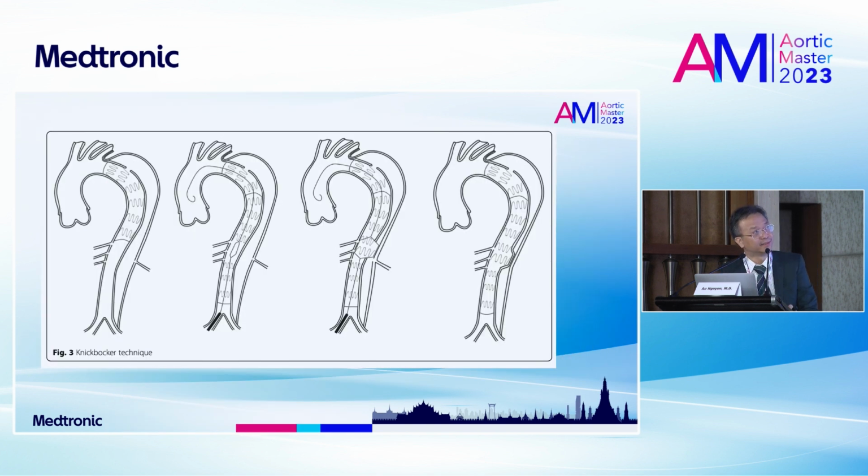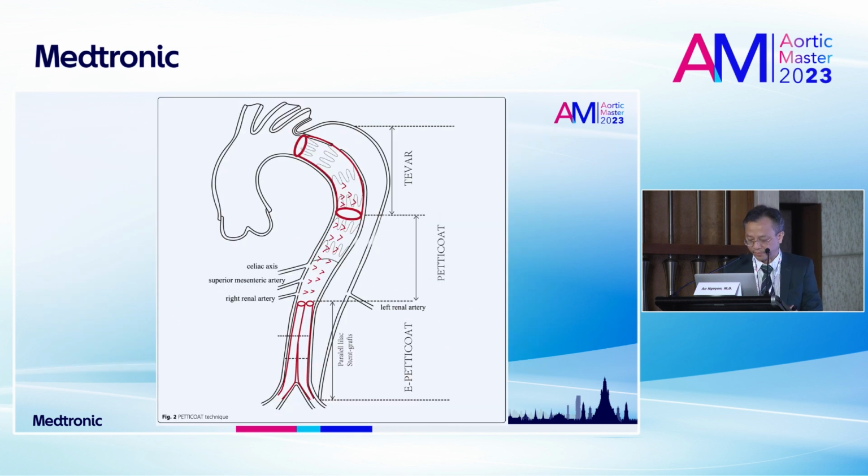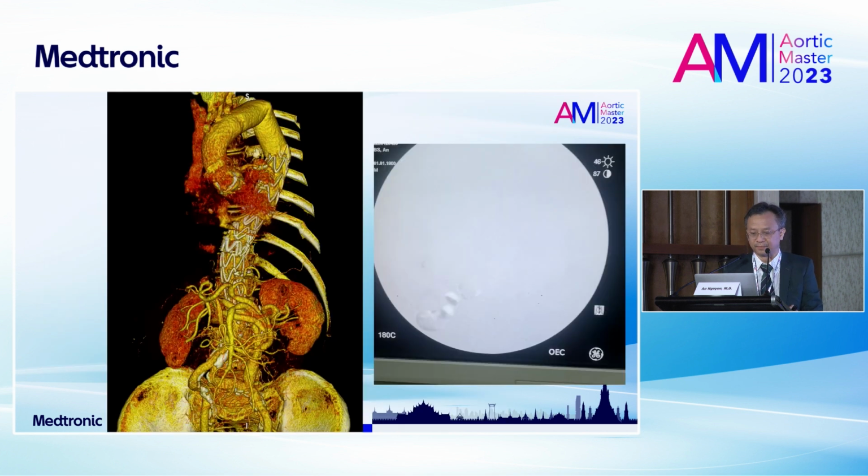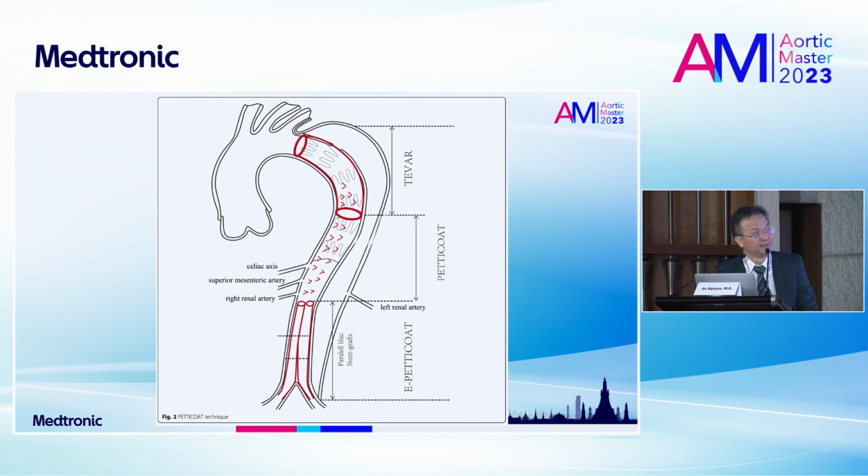The third treatment for chronic type B dissection is total endovascular. To do total endovascular therapy, it will need 3D CT.